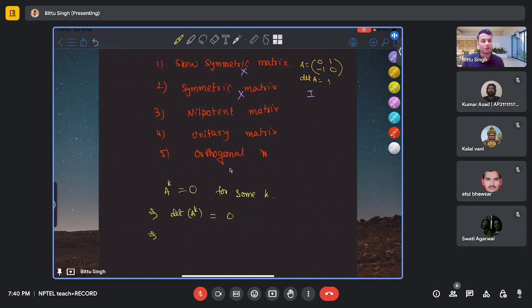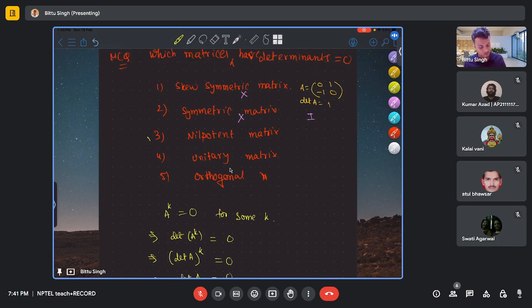Now you can use the product rule. Determinant of a product is same as the product of determinants. It is same as det A to the power k. Something to the power k is 0 always means that thing is 0. Therefore, for a nilpotent matrix, it is true. For a nilpotent matrix, determinant will always be 0.